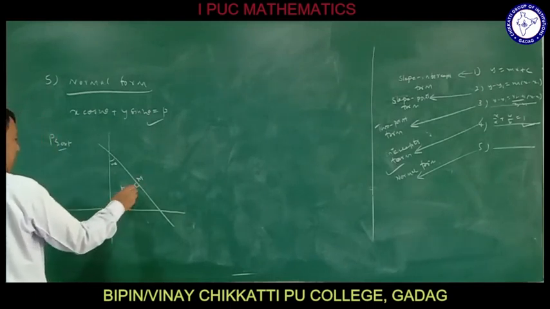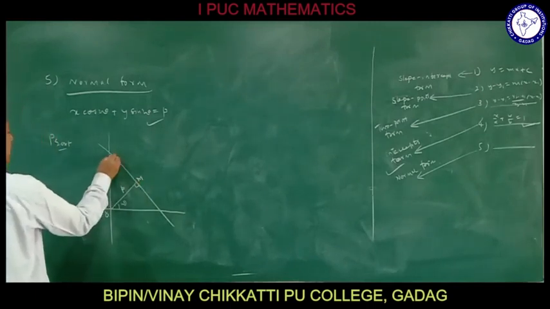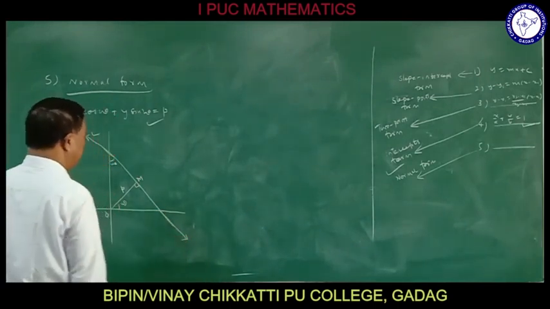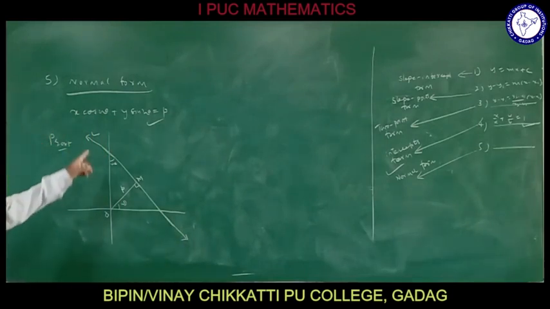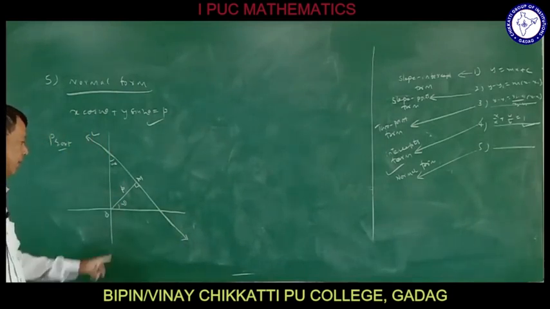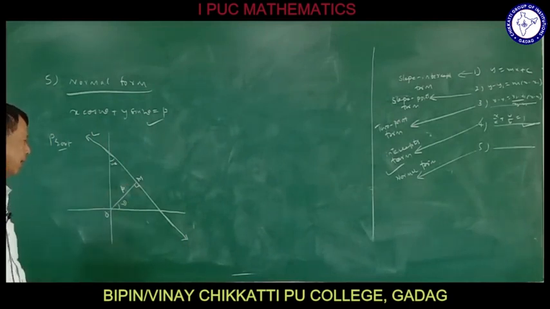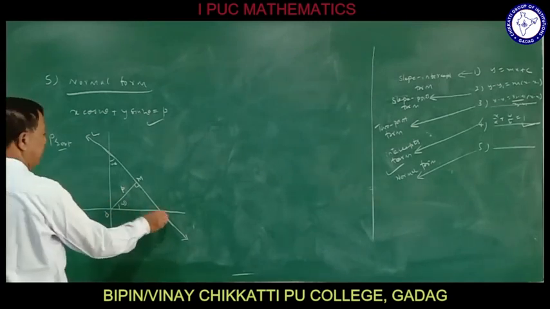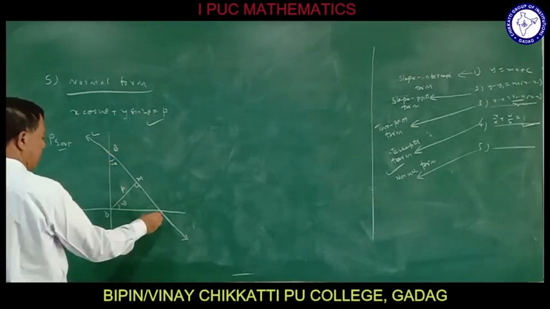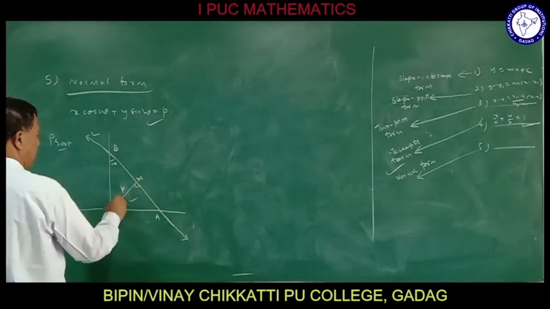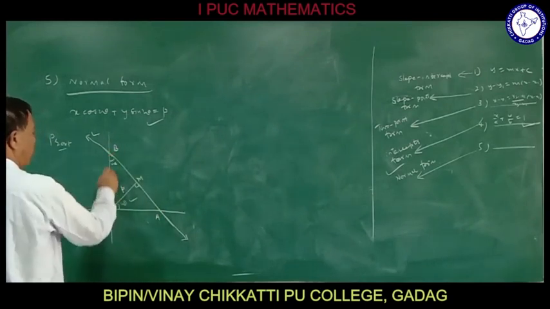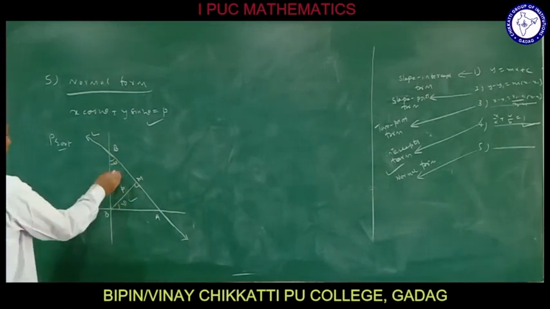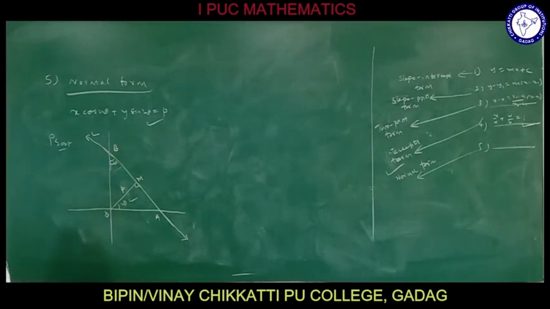Small p is the perpendicular distance from the origin to the line, and this is the line L. Once again I am going to explain the line L, and here OM is perpendicular to the line L. Suppose this is A, this is B, and angle AOM is equal to omega, and angle OBM is also omega. So here you have to see this is omega, and this is also omega.